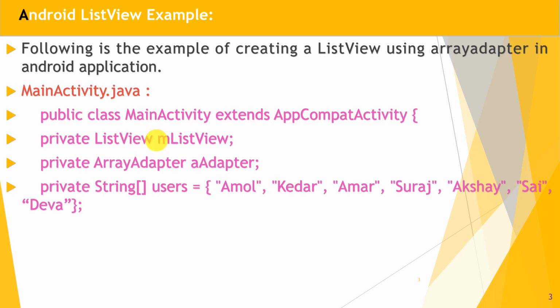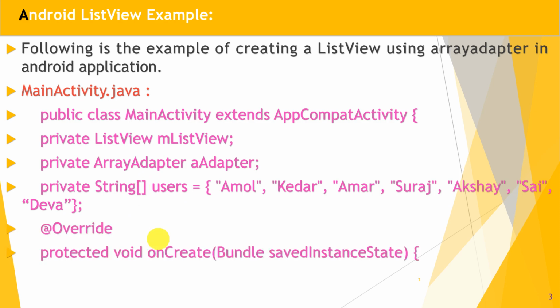The list view is one side and the string array is the source, and the intermediary between these two is done by the adapter class. Guys, hope you understand what is meant by the adapter, which connects two things: one is the list view and the second one is the array of strings, that is the source. So move to the next part.